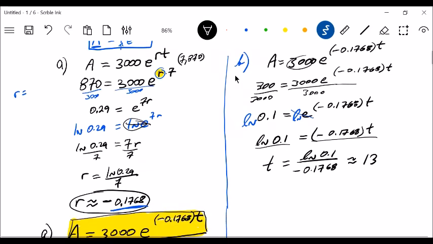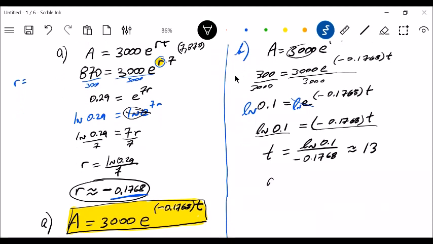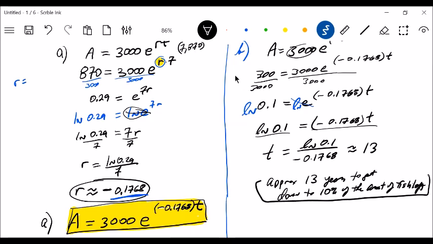So that means that it's approximately 13 years to get down to 10% of the amount of fish left. So 13 years in particular.